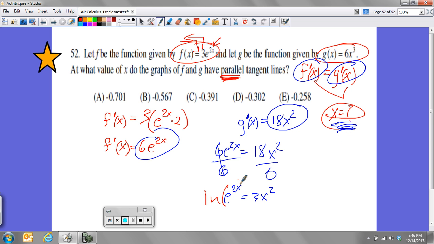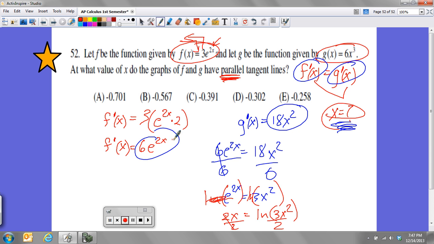Because if I take the natural log to cancel out this e, the 2 comes downstairs, and we have natural log of 3x squared. And then finally, if I divide by 2, I'm still going to have two x's that are separated. They're not together. The only time when you see x squared and x that you can actually solve for x is when it's quadratic. But here it's not quadratic. Although it's x squared, it's going to be natural log.